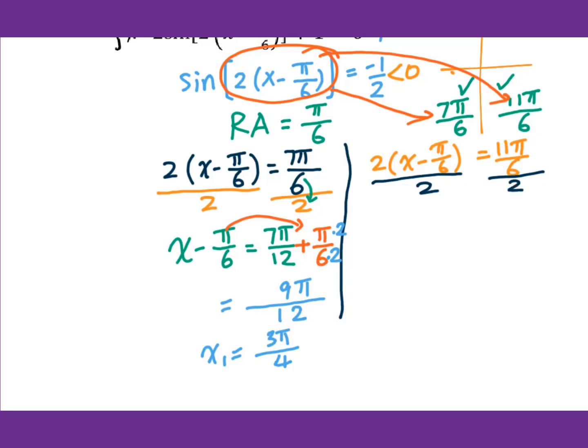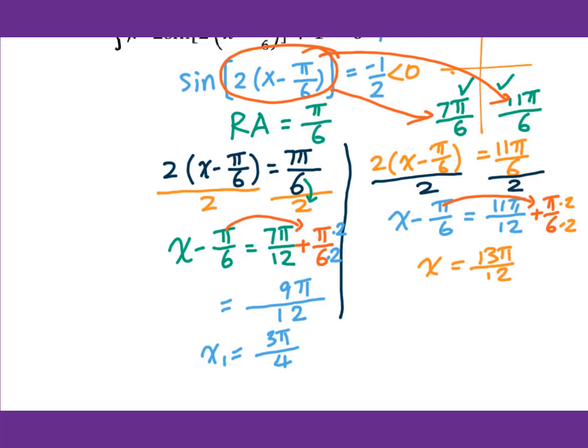For this part, we divide by 2 both sides. You will get x minus pi over 6 equal to 11 pi over 12. Add pi over 6 both sides. You will get x equals, multiply by 2, 11 pi plus 2, that's 13 pi over 12.